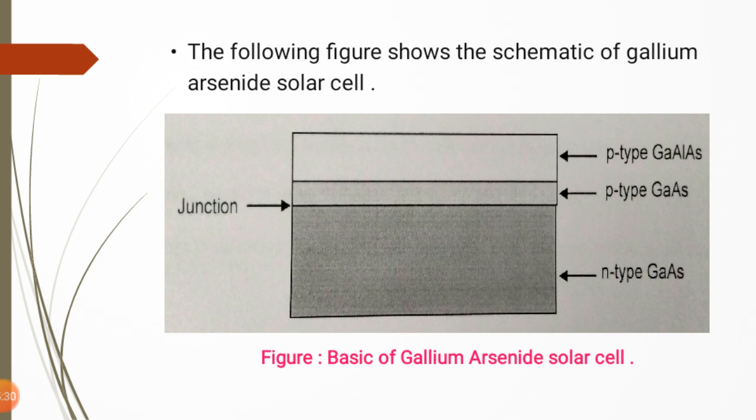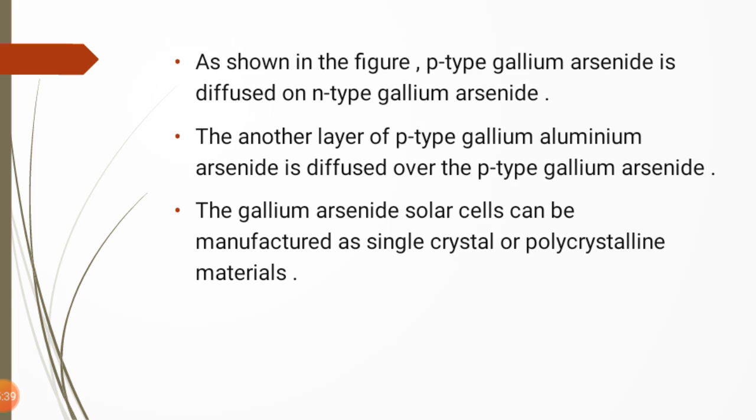The gallium arsenide solar cell can be manufactured as a single crystal or polycrystalline solar cell. That means these solar cells are constructed in both ways, using single crystal or polycrystal material. So this is the advantage of the gallium arsenide solar cell.